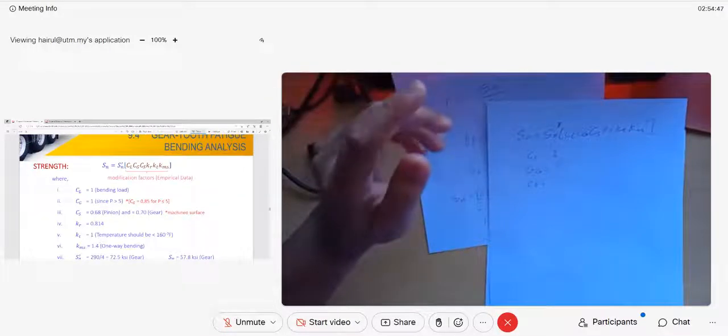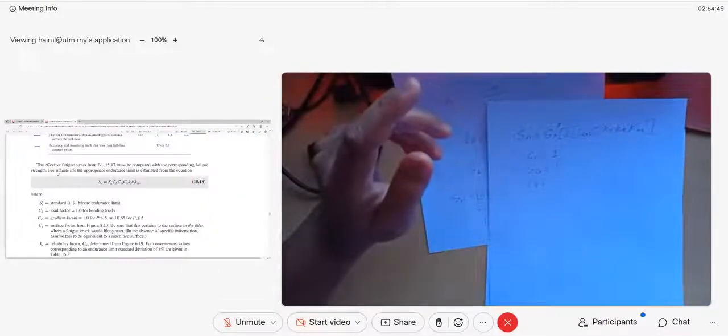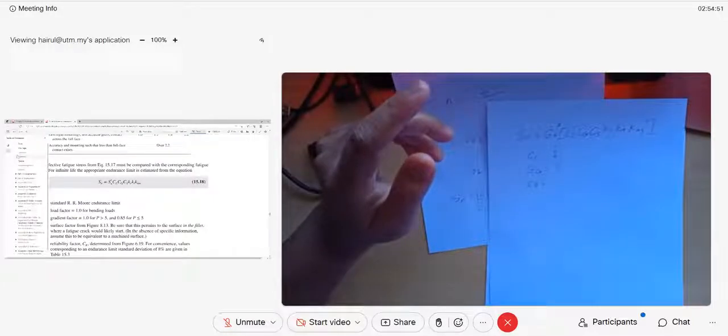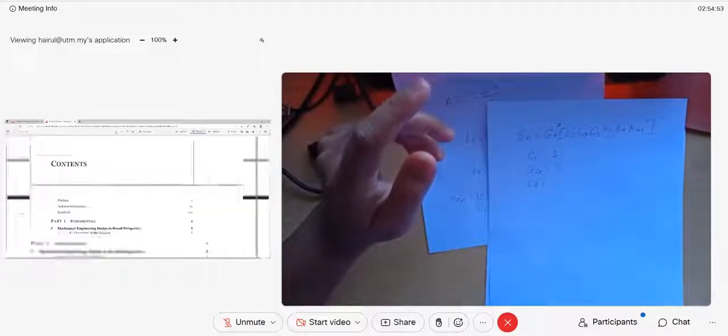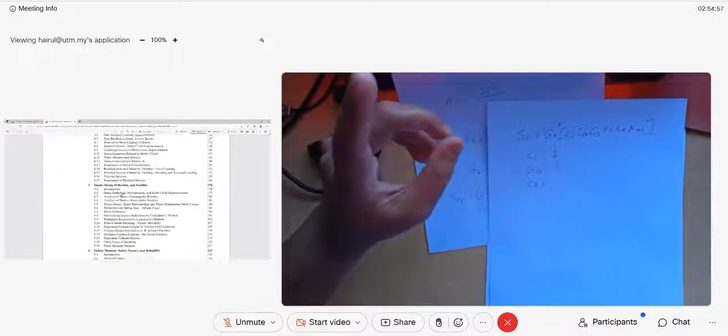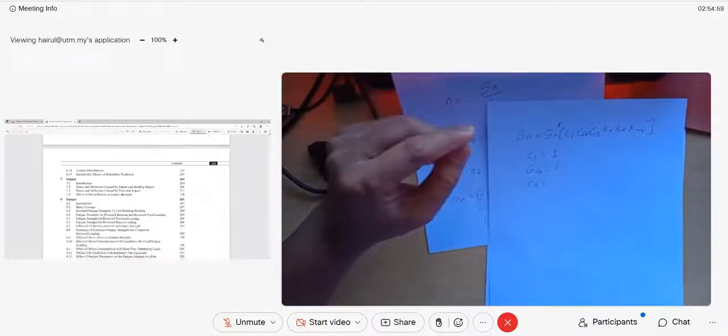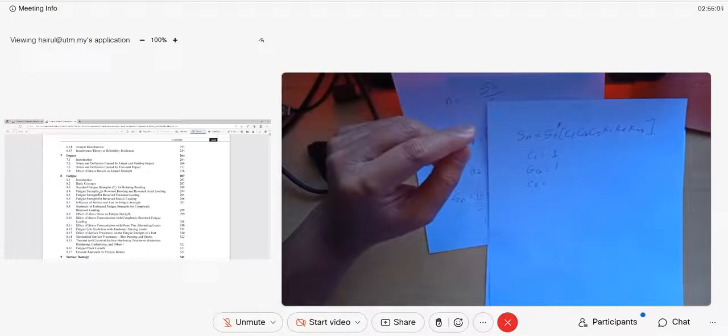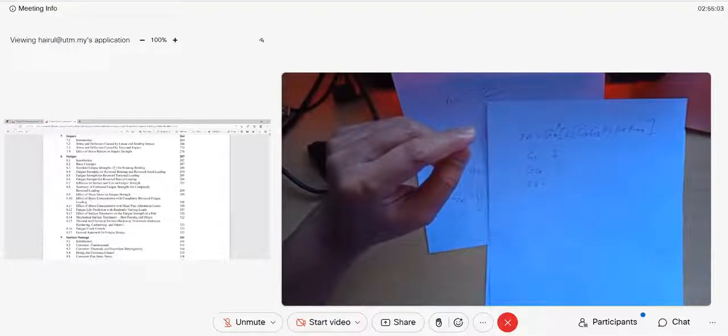Why is it so? Can you see the textbook, class? Am I sharing? Yes, you can see. We go to chapter 8. Remember, chapter 8 is fatigue failure, where we can find our CS.